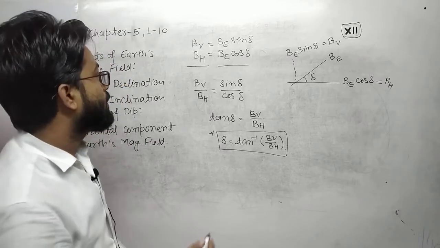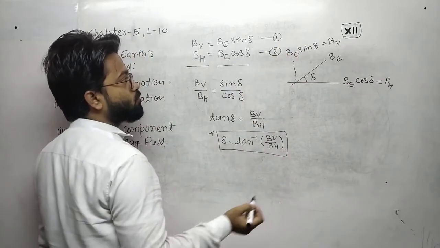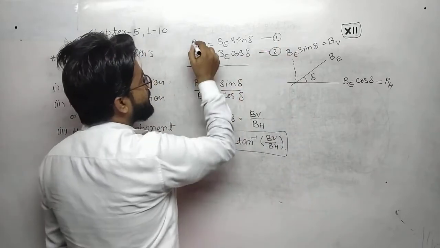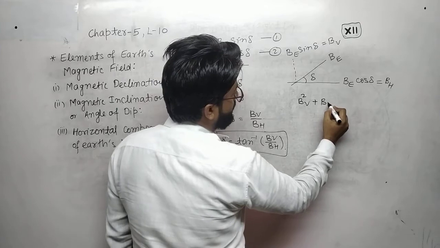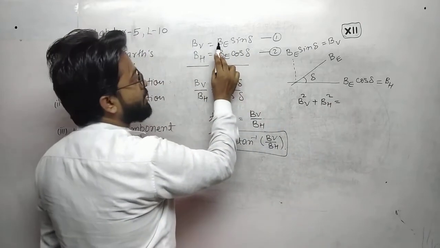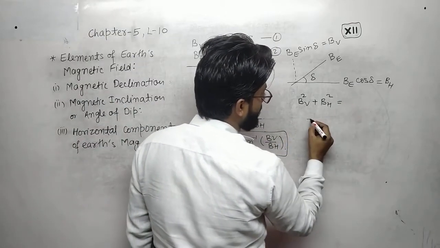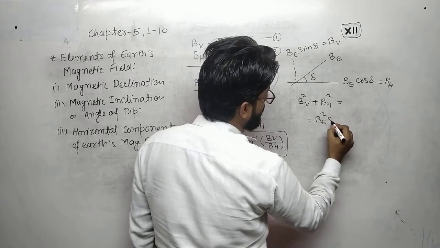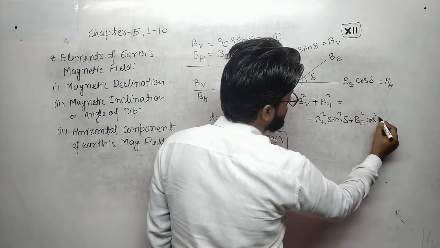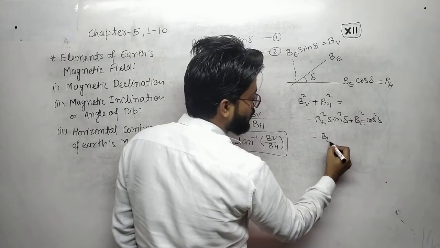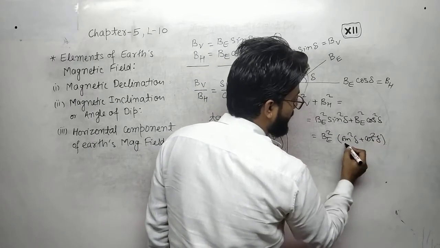Now you can also square these two equations and add them. First square, then add. BV square plus BH square equals BE square sin square delta plus BE square cos square delta. Take BE square common: sin square delta plus cos square delta, which is 1.